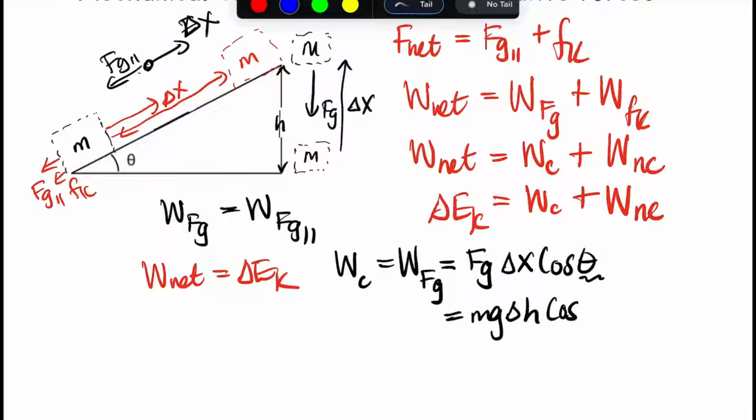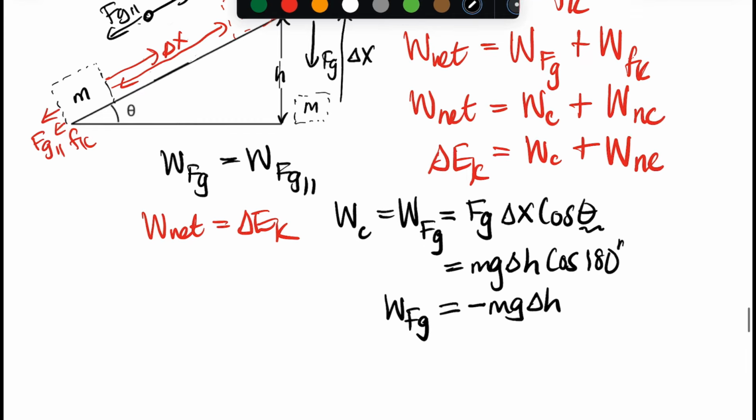Even here, if you take this object from the initial height to the final height, its height increases as you move it. We know cos 180 is equal to -1, so we'll have negative mg delta h. So we can say here this is the work done by gravity.